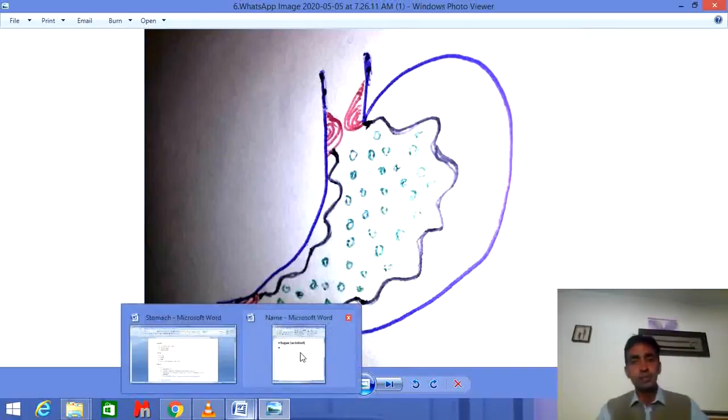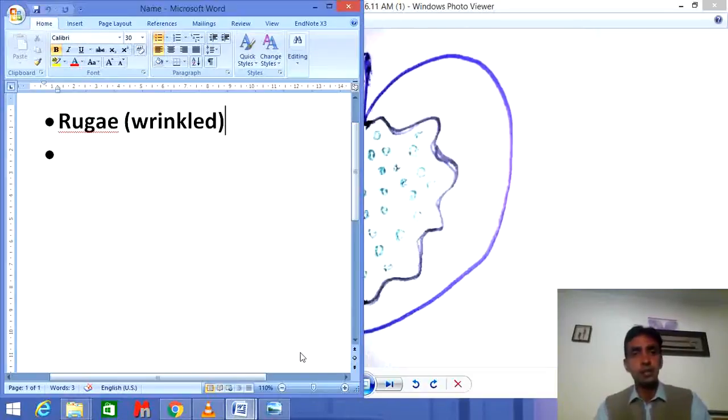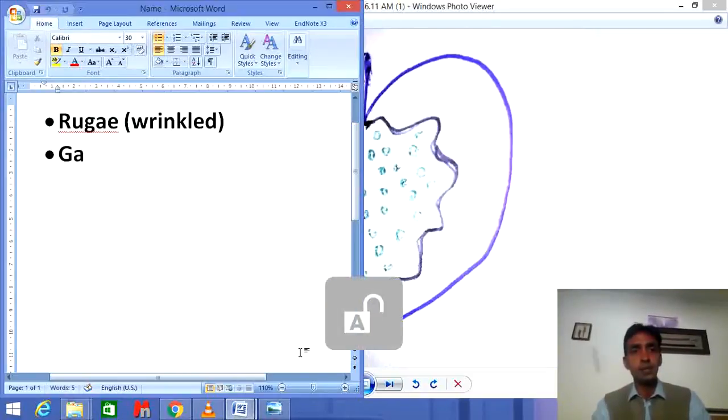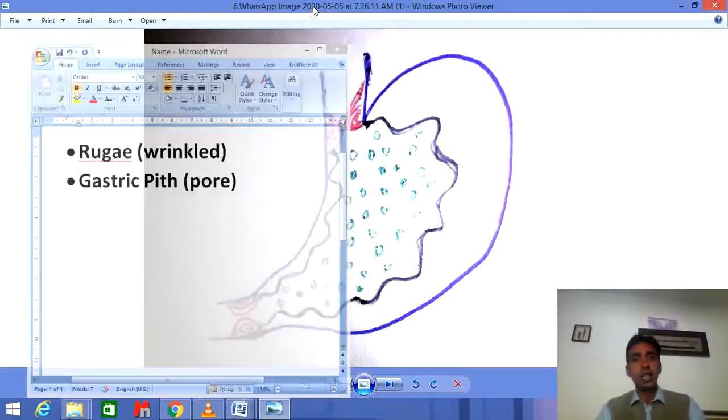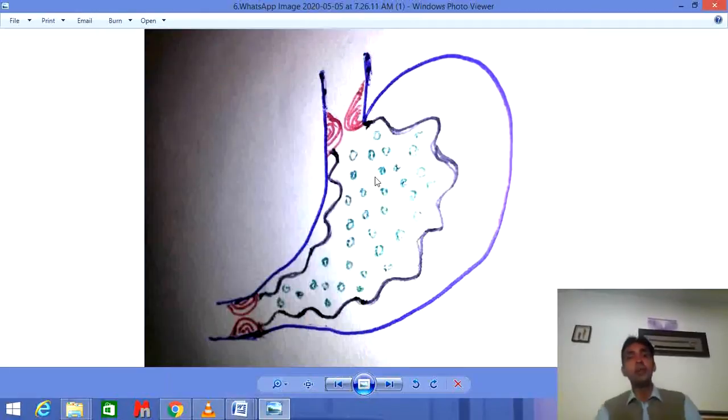This is called gastric pit. Gastric pits are the small pores present on the surface of the mucosal layer, which lead to the gastric gland cavity, the gastric gland lumen.